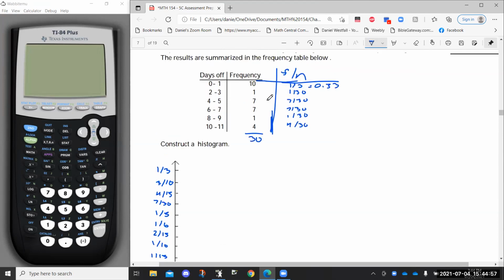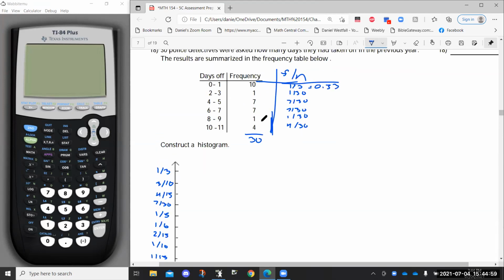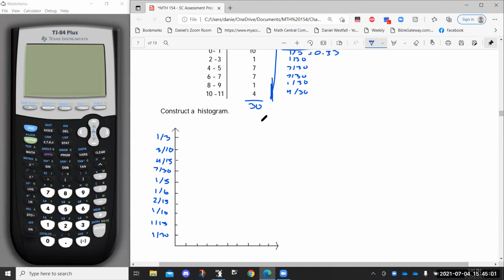So, and I'm just going to use these frequencies to tell me where I'm at. So I'm from 0 to 1. So this is 0 to, it's got to end here.